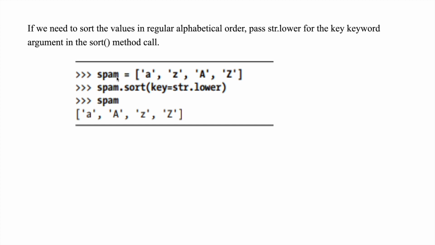For example, see, this list is sorted according to the lowercase letters. See, lowercase followed by uppercase, lowercase followed by uppercase. Okay, in this way we can change the sorting order.